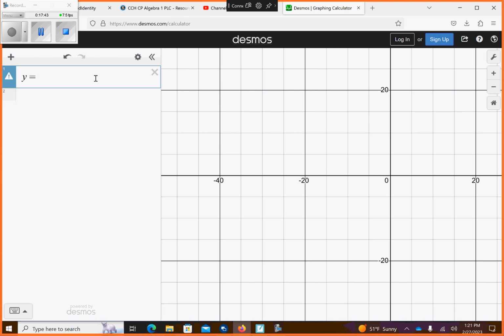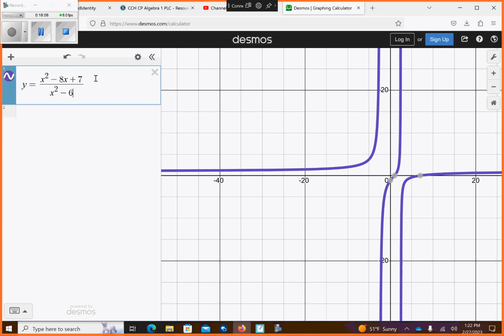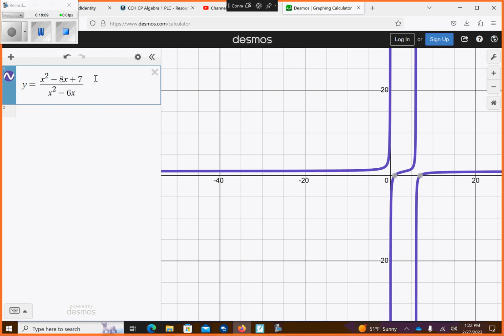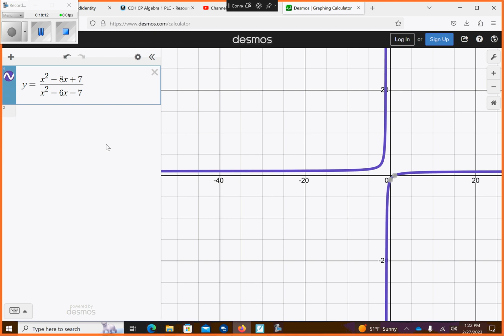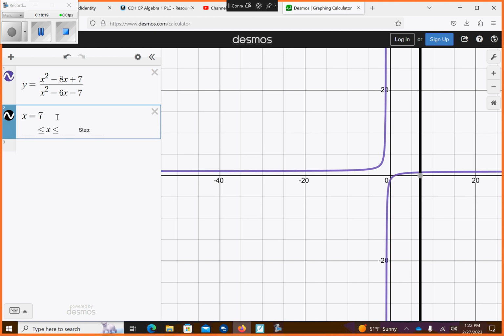Y equals fraction. Then I have x squared minus 8x plus 7 over x squared minus 6x minus 7. All right, and then we want to say x equals 7 is our limit.